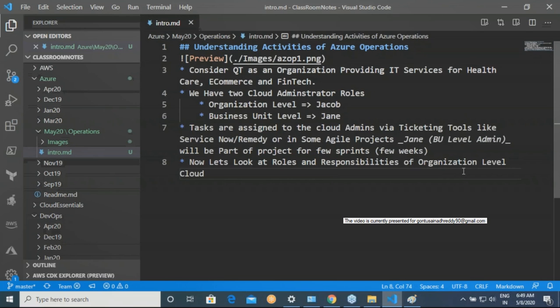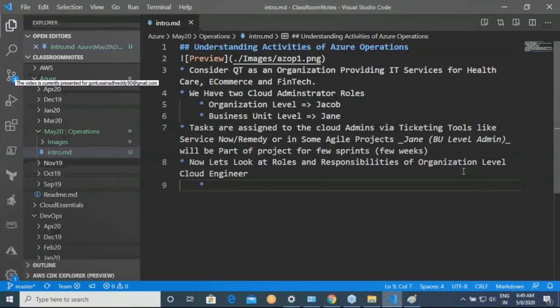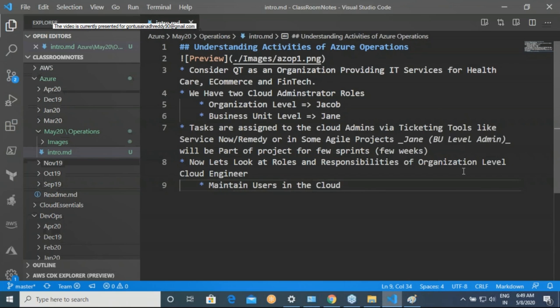This is generally the organization level cloud engineer, your IT team's cloud engineer. That is basically what I mean. Right. So maintain the users in the cloud.